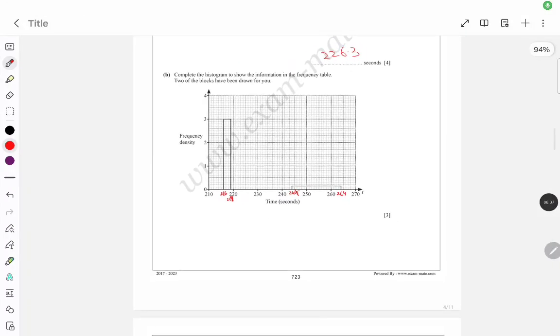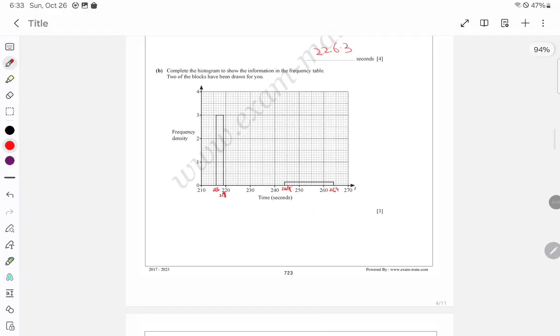Now start calculating the rest of the frequency density. For the 9 over, it will give you the value of 3 for the first, which is already drawn.